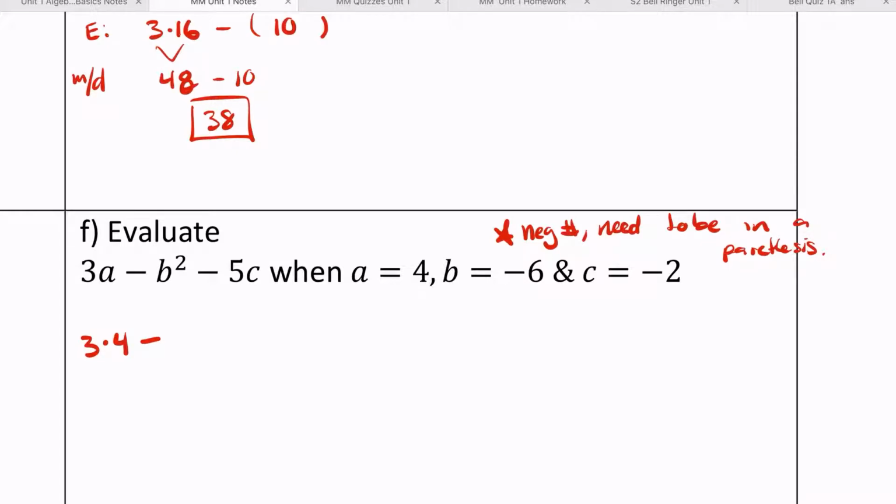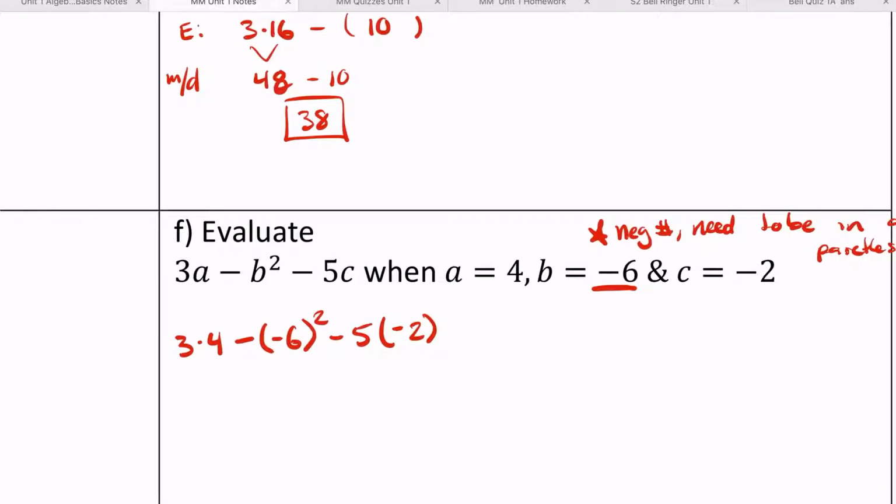So since b is a -6, we need to put that in a parenthesis. Then we'll subtract 5 times c, which is also negative, so we'll put in a -2. Now we do PEMDAS. Parentheses are already simplified. Exponents, so let's do exponents. We'll still have 3 times 4 minus, okay, -6 squared, right?